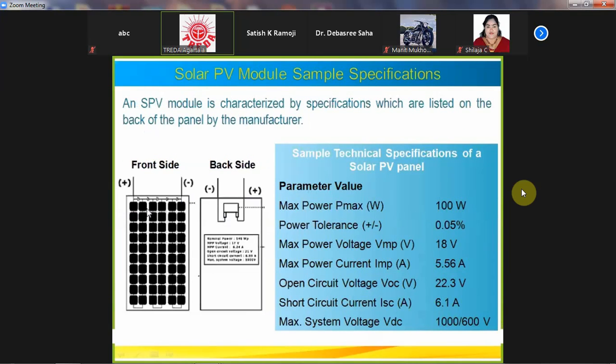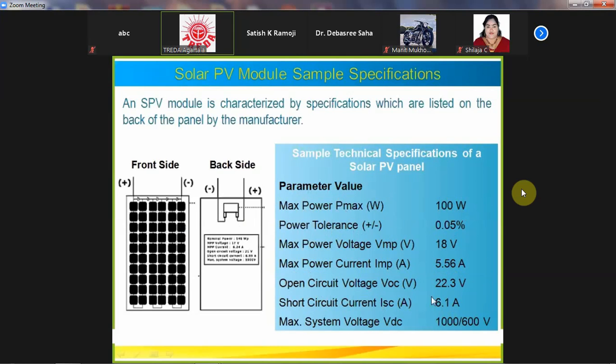This is the front side of the module, with everything interconnected, and this is the back side, where negative and positive are connected. If you see the parameters, this is a 100-watt module. The maximum power voltage we can get is 18 volts, and maximum power current is 5.5 amps.